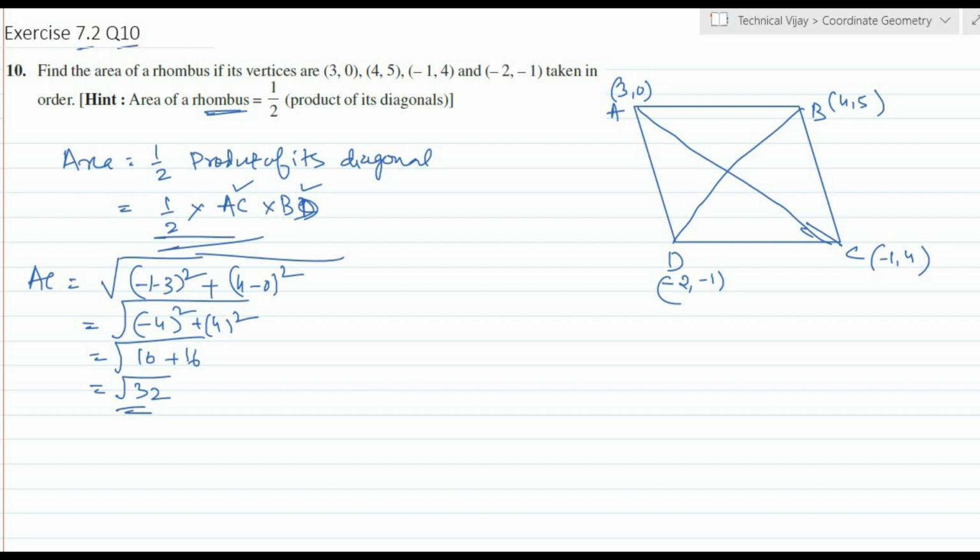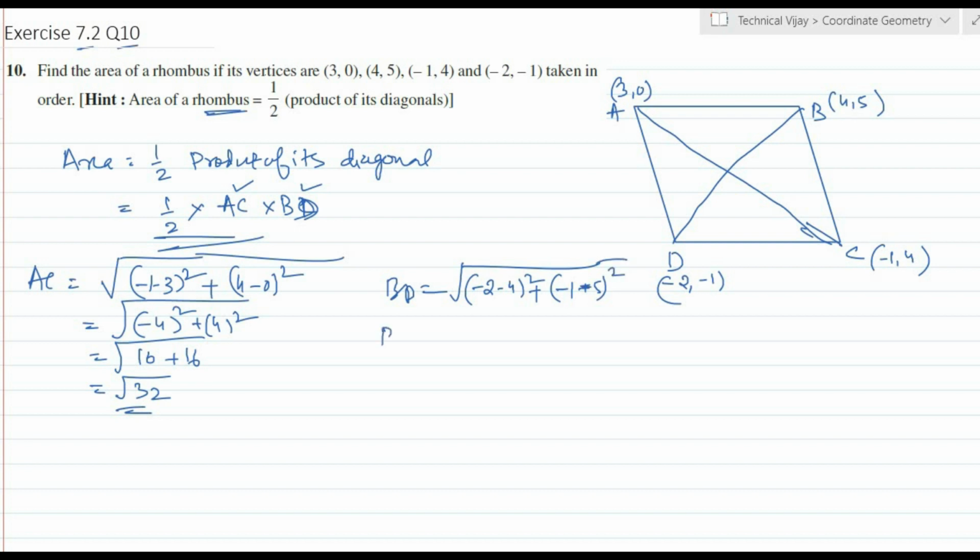AC we got. Then BD is equal to square root of x2 minus x1, that is minus 2 minus 1 square, plus minus 1 minus 5 square.